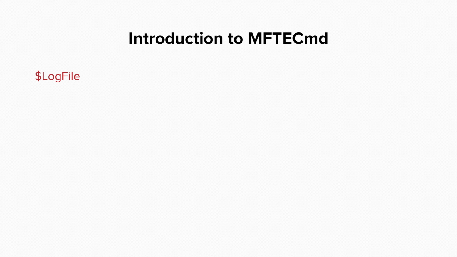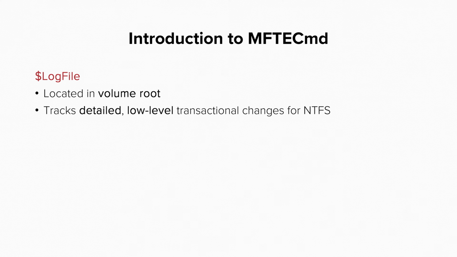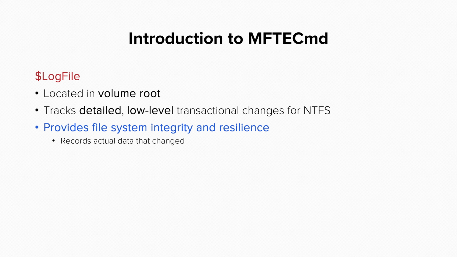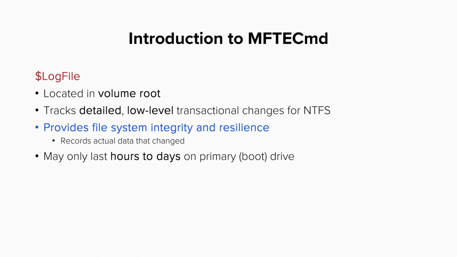All right, now let's talk about $LogFile. $LogFile is located in the volume root, so it's not inside of that $Extend directory. Now, this one tracks detailed, low-level transactional changes for NTFS. It provides file system integrity and resilience, and it records the actual data that changed, but it may only last hours to days on the primary boot drive.